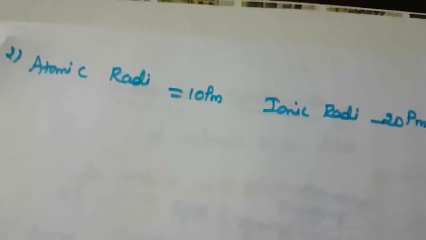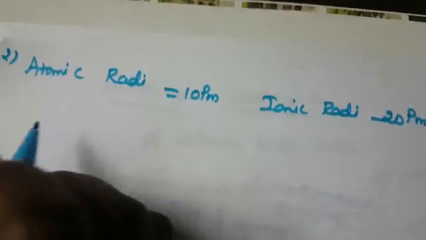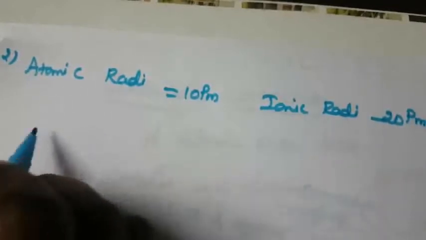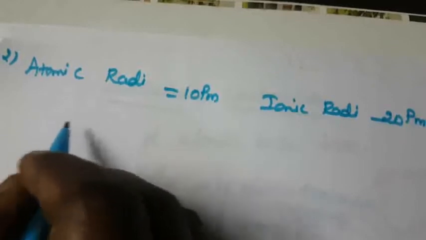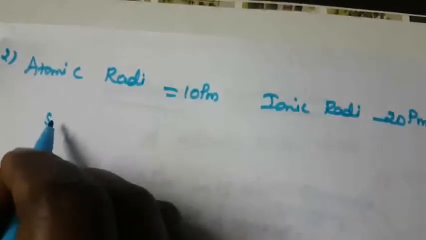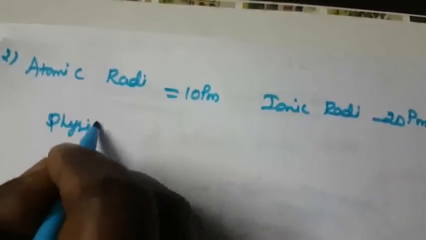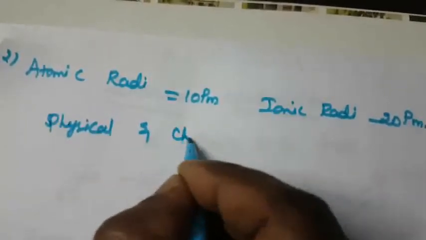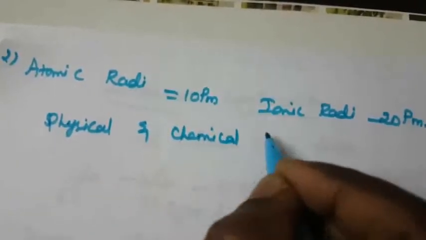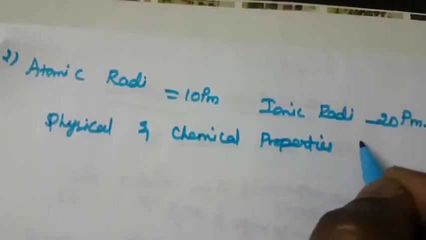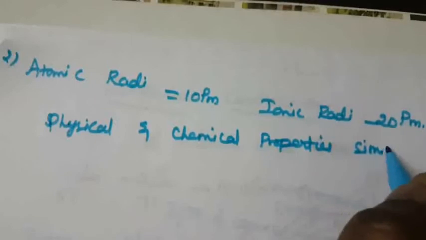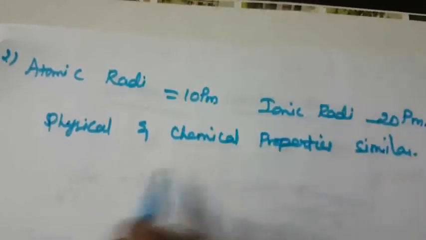What is the difference between 10 and 20? It is only a slight difference. So both the atomic radii and ionic radii are similar, which means the physical and chemical properties are also similar.